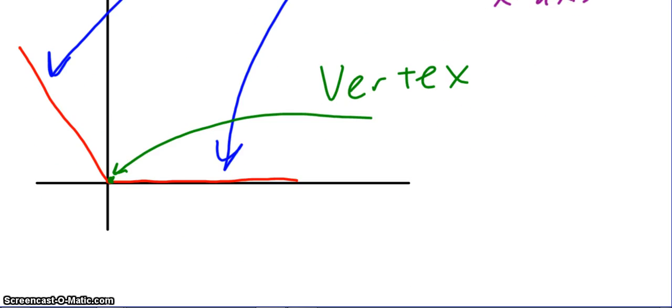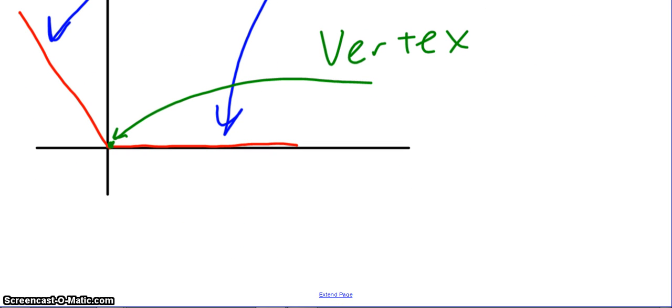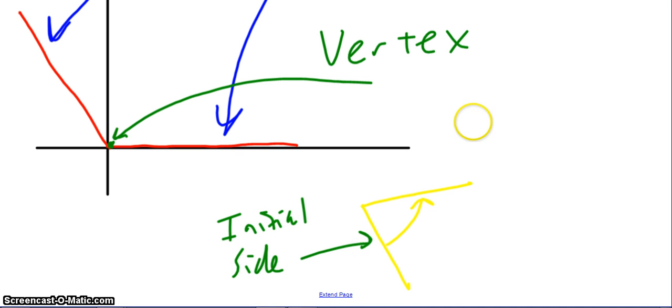Just to show you an example of an angle not in standard position would just be an angle in space. So if I sketch something like this where I have to draw a direction of the angle, now I would say this is my initial side, and here is my terminal side.